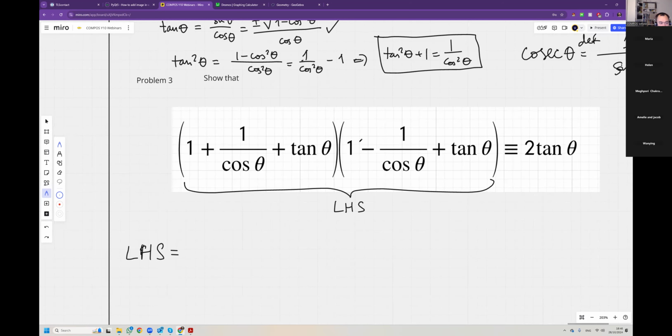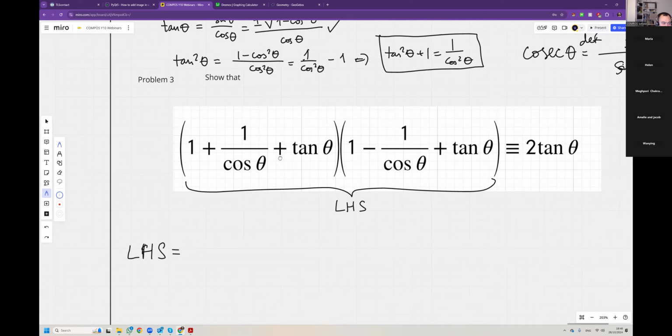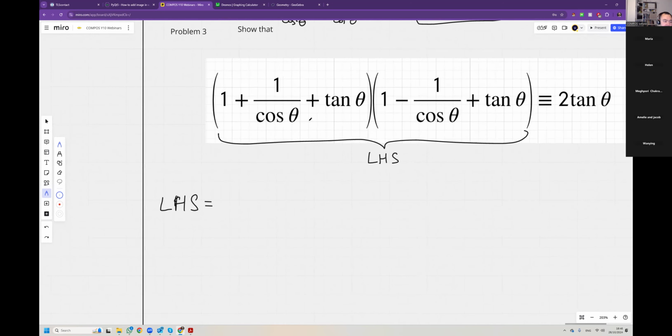The second thing I could do is try to simplify each bracket first. I think it's actually going to be easier if I just expand the brackets. All right, it's not as scary as it looks.